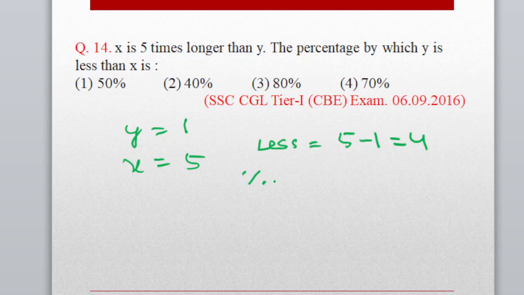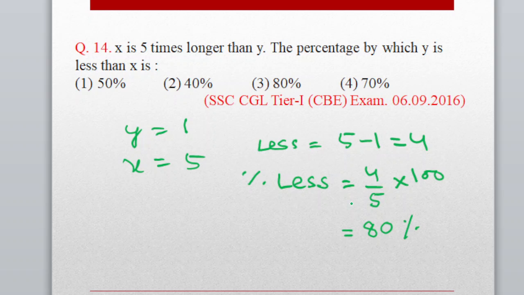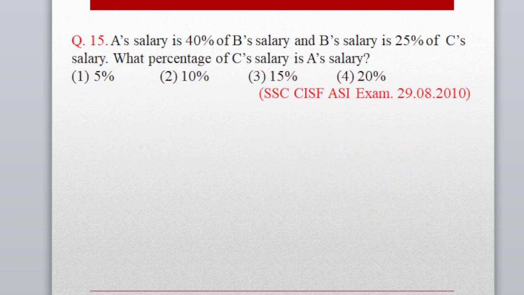Percentage less is 4 by 5 into 100, so that is equal to 80%. That means your option B is the right answer. Now next question, that is question number 15.